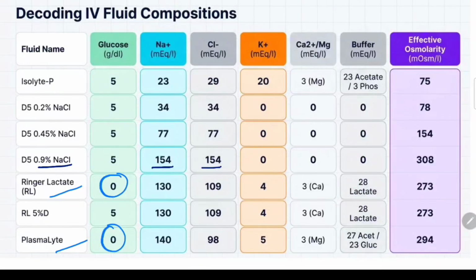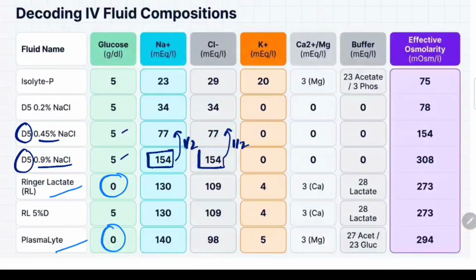Half NS, 0.45% NaCl, that is half of it, 77, 77. And if you add D5 with it, glucose will be 5%. Just remember the 154 in the 0.9% sodium chloride solution. In Ringer lactate it is more or less 130 and chloride is 109. Ringer lactate has a special component, that is potassium.